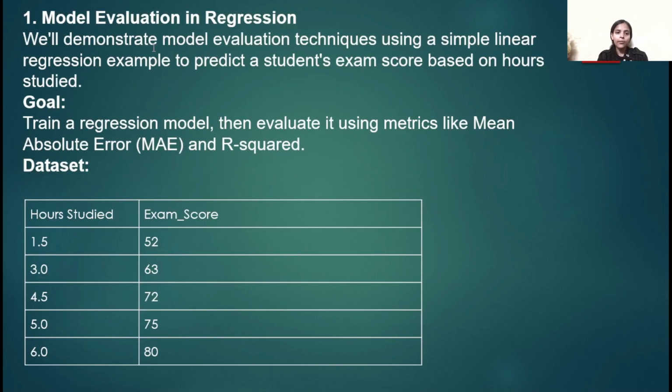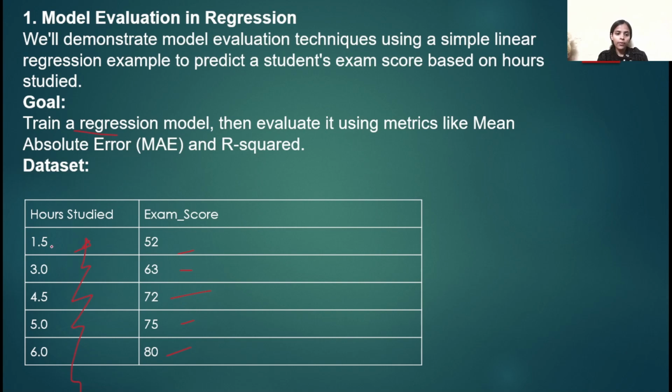Now let's see an example where we are predicting a student's exam score based on hours studied. So what is our goal? Here we have to train a regression model. Then we will evaluate it using the following metrics, which are mean absolute error and R square. Here we have given 1.5, 3.0, 4.5, 5.0, 6.0 hours studied, and the exam scores of the students, which are 52, 63, 72, 75, 80.